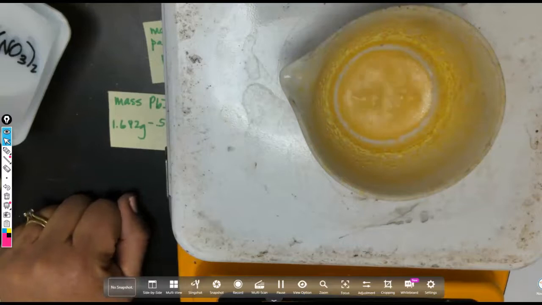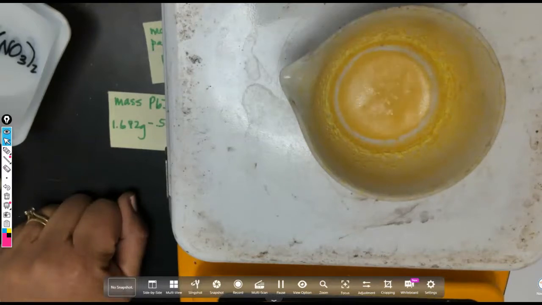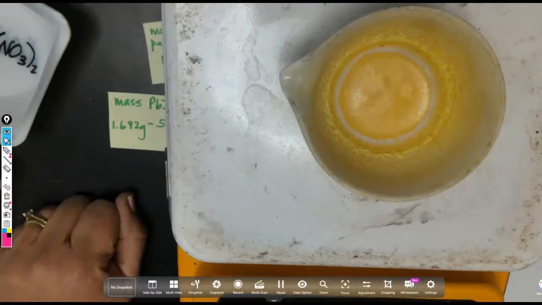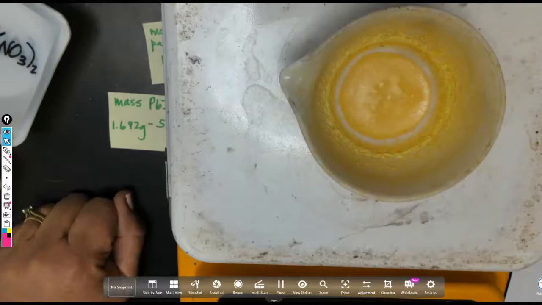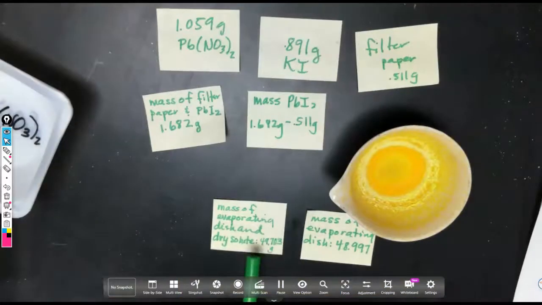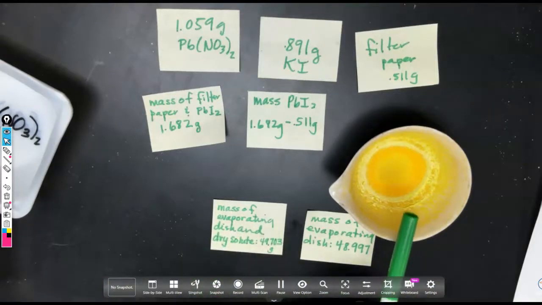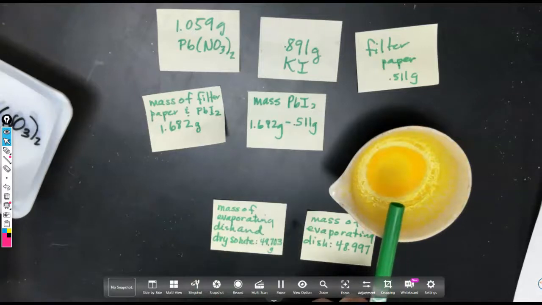So as you can see, we did have things that were dissolved in our solution, and as the solution completely evaporates, we're beginning to see some evidence of what was dissolved, in other words. So I'm going to go ahead and let this finish evaporating, and then we will take this mass. Go ahead and mass the evaporating dish and the dry solute. So as you can see, we still have a bunch of yellow remaining here.